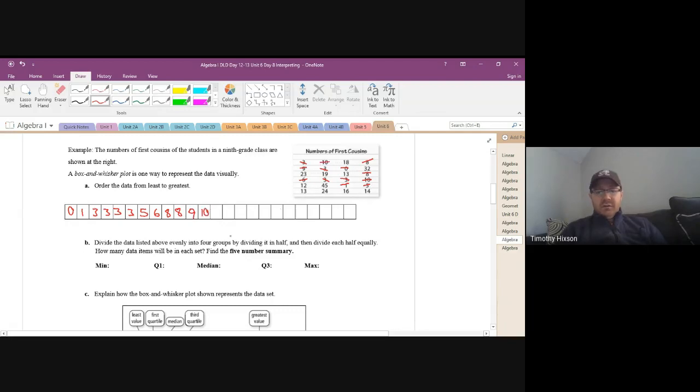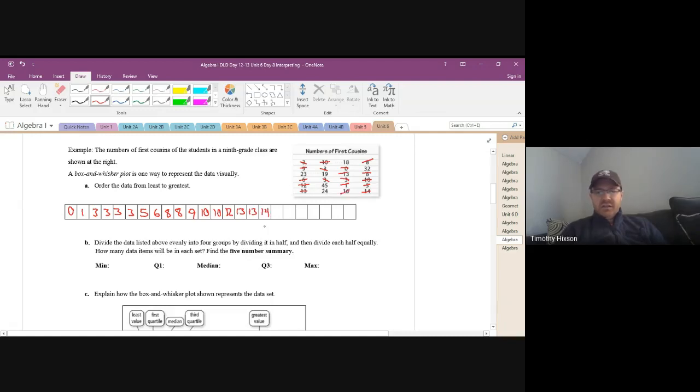Another 10 right there. And then no 11s, but here's a 12, a couple of 13s, and a 14. 12, 13, 13, 14. And then let's see here.